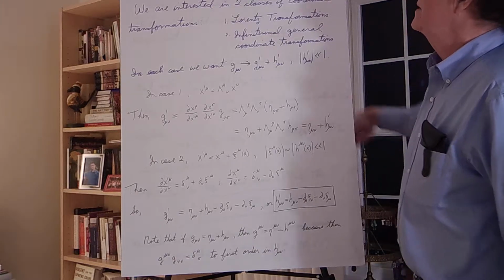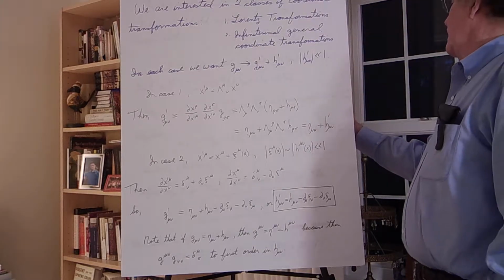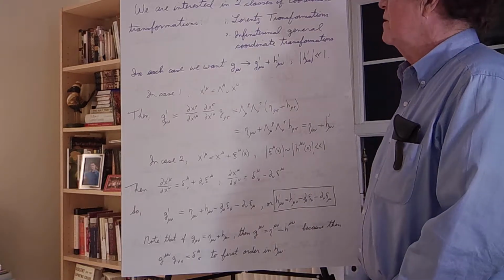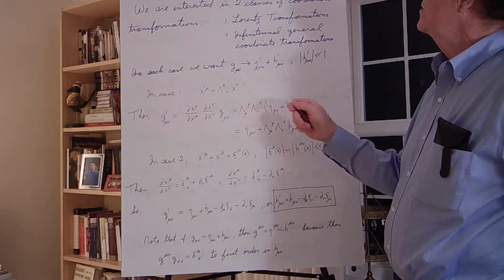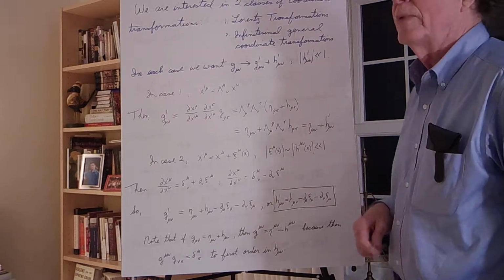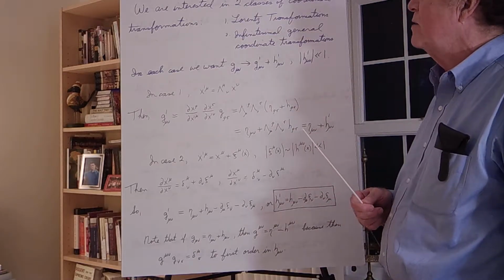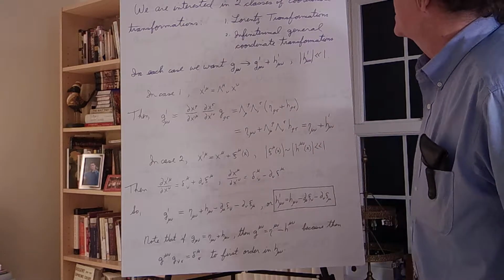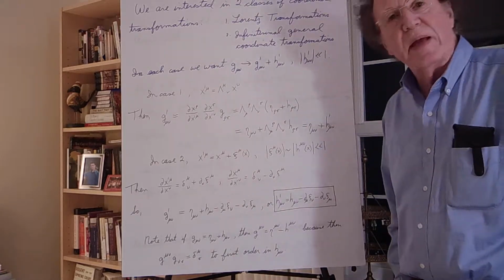So we're interested in deviations from the Minkowski metric, and there are two varieties of that. There are varieties where we have Lorentz transformations, which make a deviation from the Minkowski metric, and we also have the situations where we have infinitesimal general coordinate transformations.